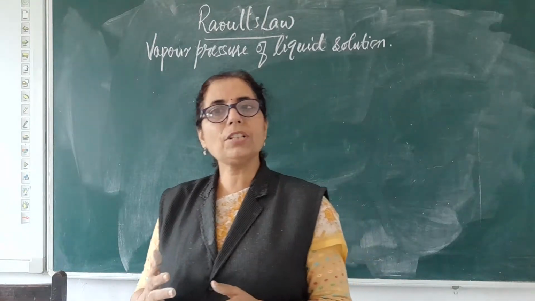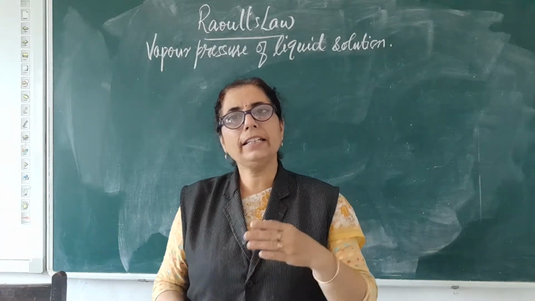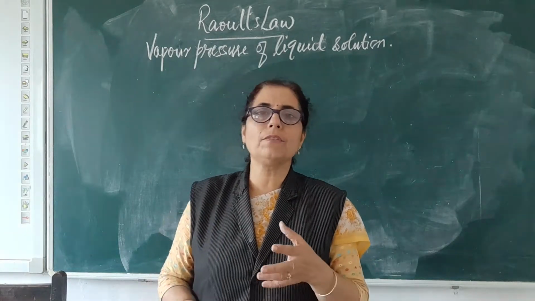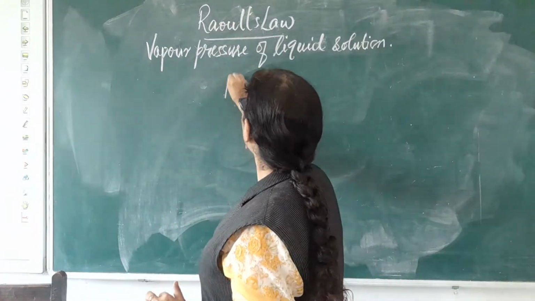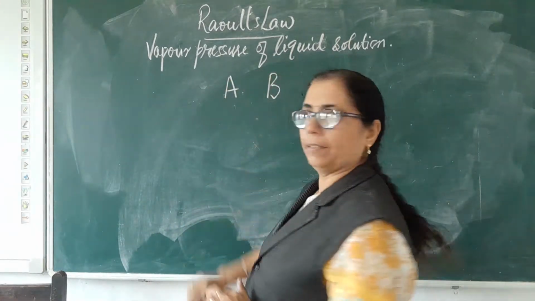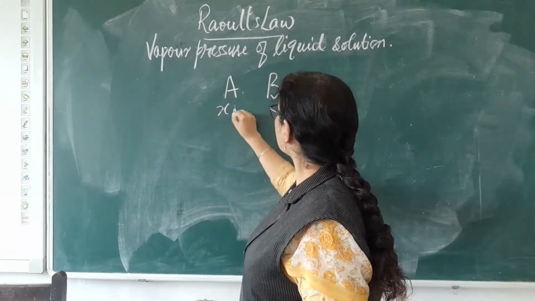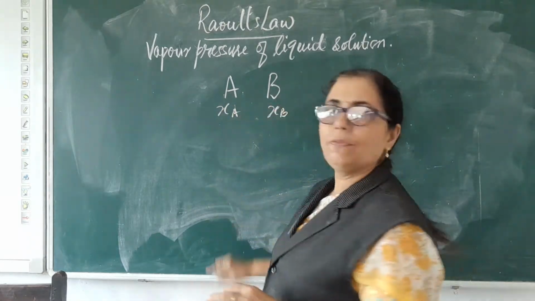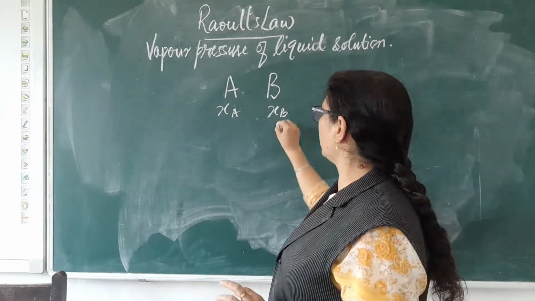So the total pressure will be the pressure exerted by each of the components, and it depends upon the mole fraction, the number of moles present in it. If we take two liquids A and B, suppose XA and XB are the mole fractions of both the volatile liquids that we are mixing together.